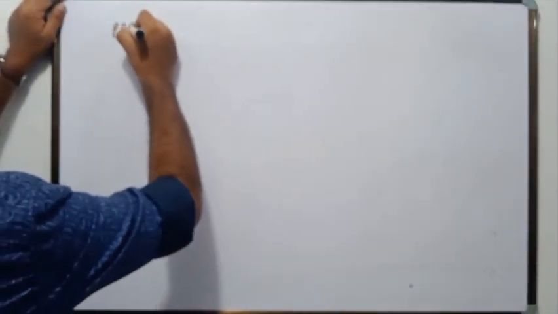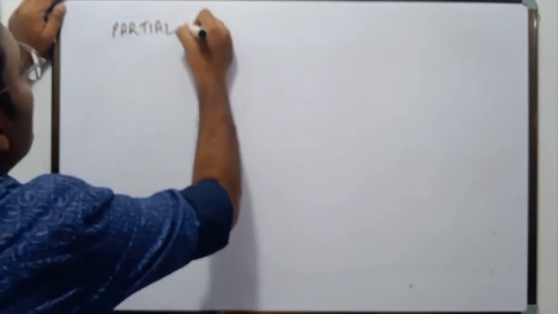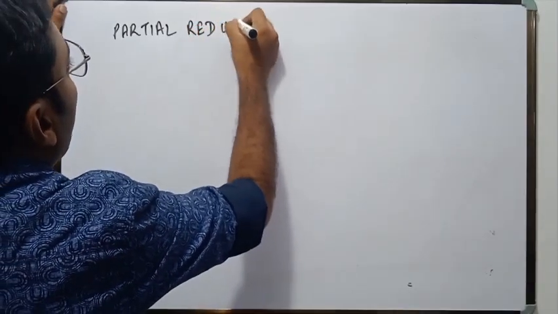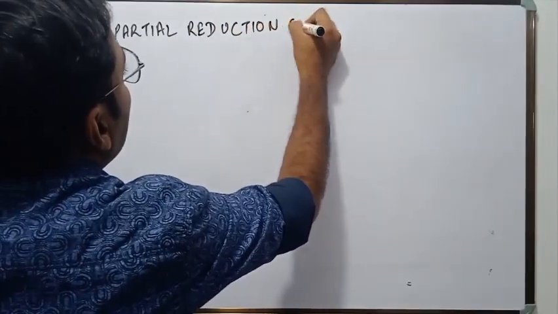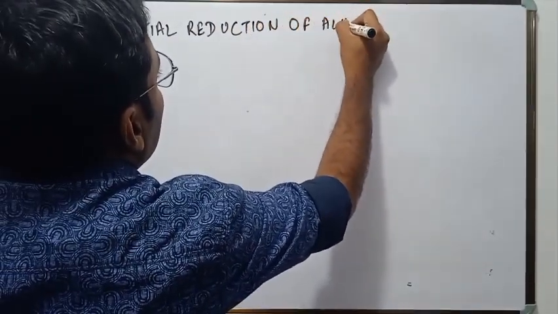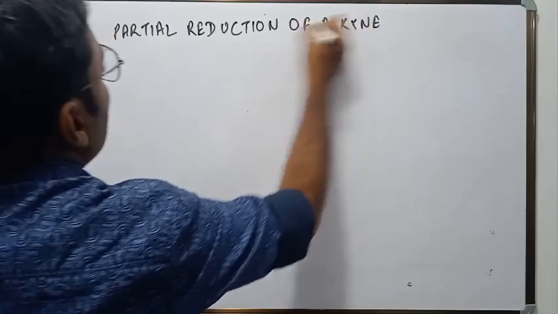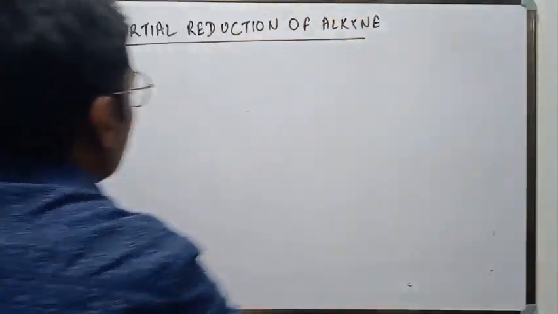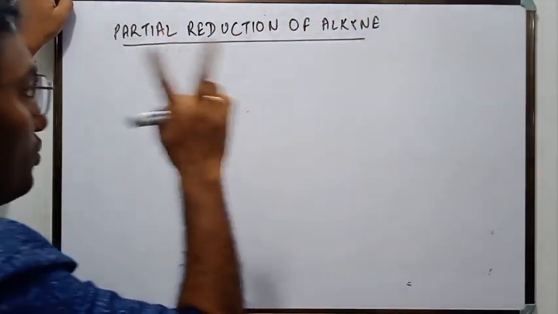For that, you have to carry out partial reduction of alkyne. If you carry this out, you will get alkene. For carrying this out, there are two methods.